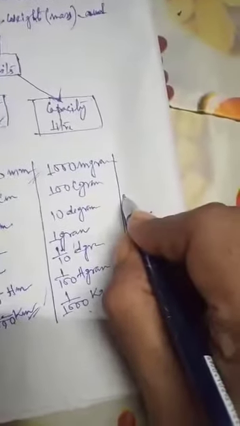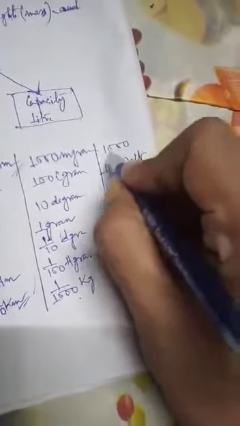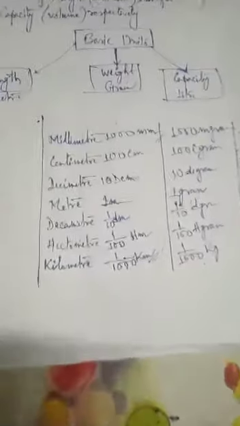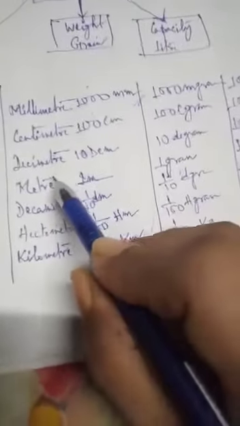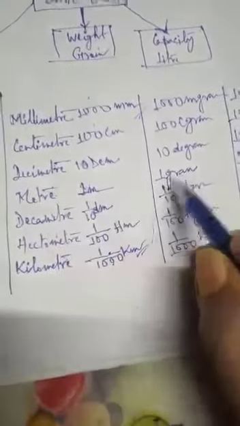Again going upward, multiply by 10, deciliter, then multiply by 100, centiliter, and multiply by 1000, milliliter.